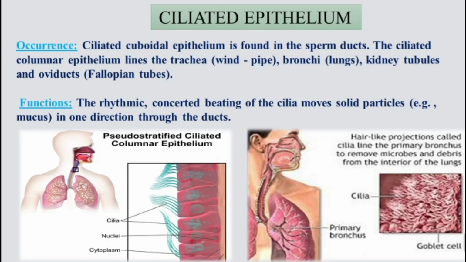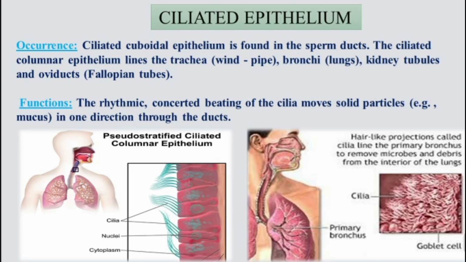For example, you can see the pictures of the lungs. The cilia are hair-like projections with a thread-like structure. Why are cilia used, and what is the main meaning? Hair-like projections called cilia line the primary bronchioles.